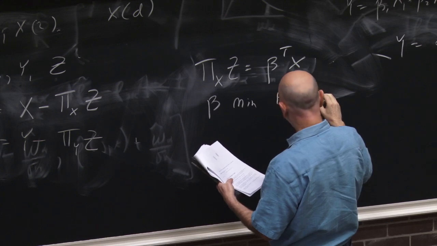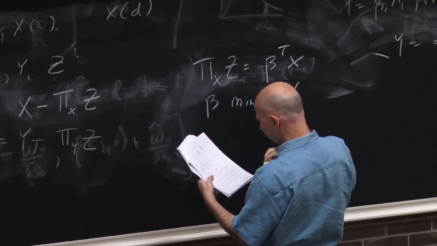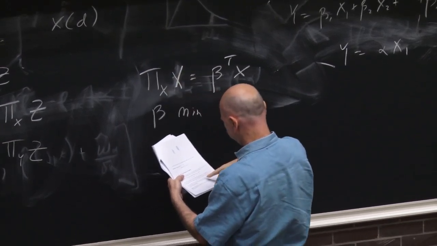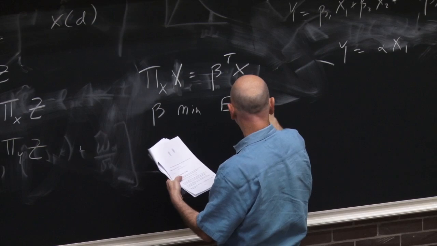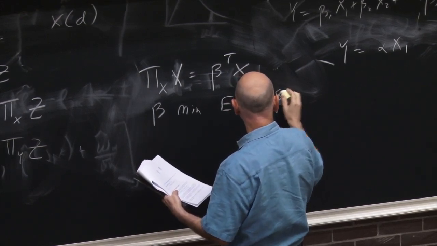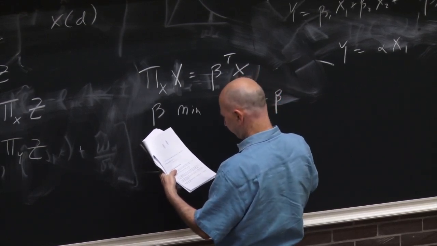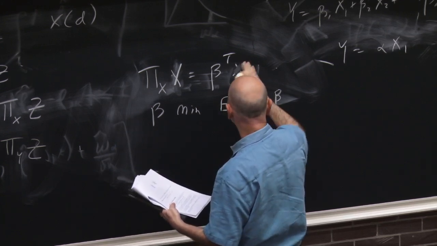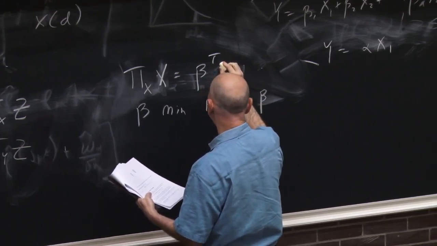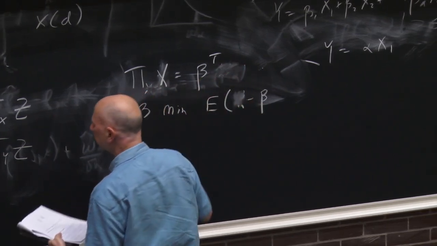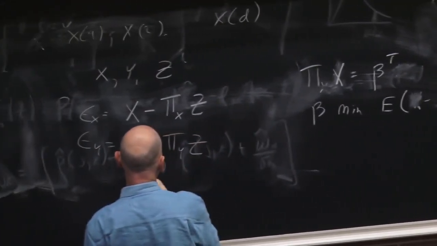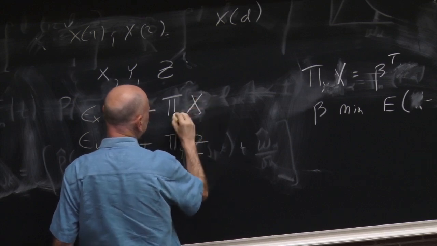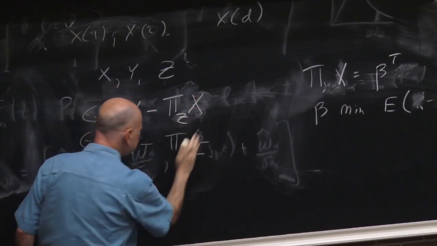Did I switch something? Yes, and I notice there's another mistake in the notes, which I'll correct right here. It's beta transpose z. This should be z. Oh boy. Hang on. What am I doing? I want to project x onto z.